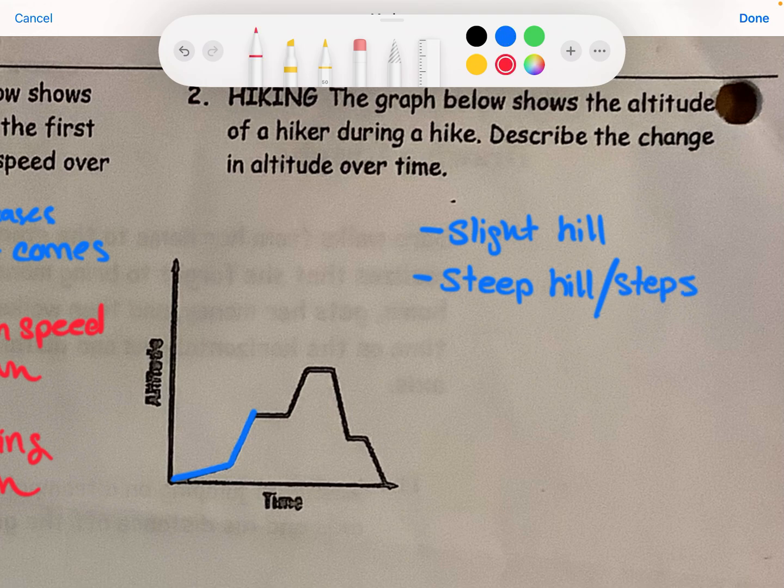But then over time, the altitude stays the same, so it's a flat path. The altitude doesn't change. Okay, then maybe we have a couple more steps or something, or a big jump, steep hill or steps. Again, it's happening in a short amount of time, so that they're doing it quickly. Then it's another flat path.